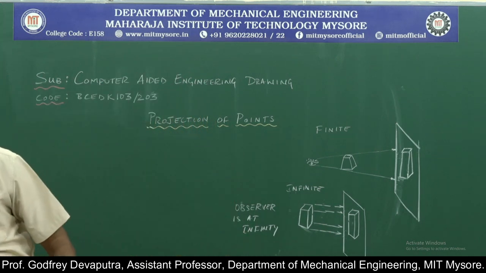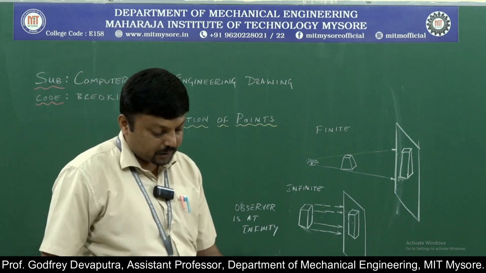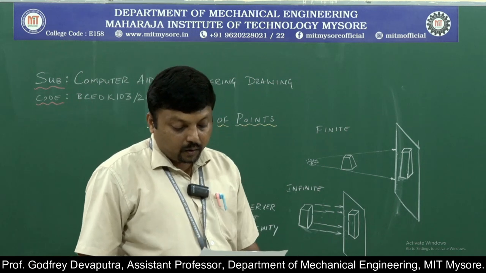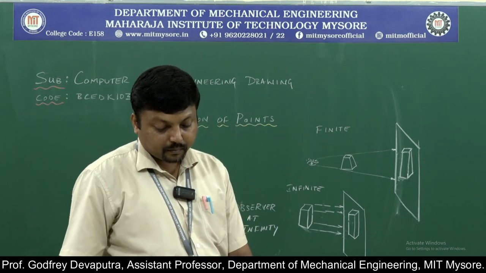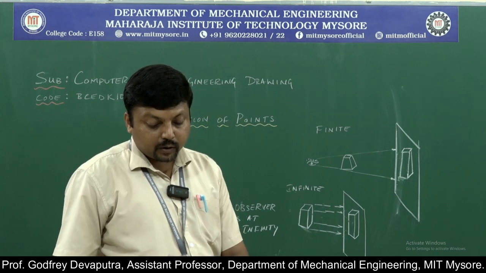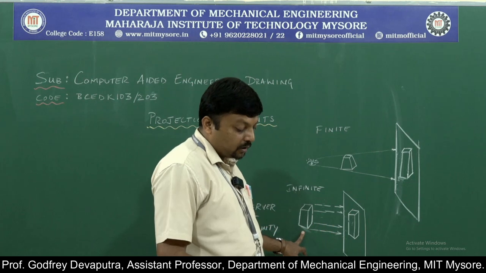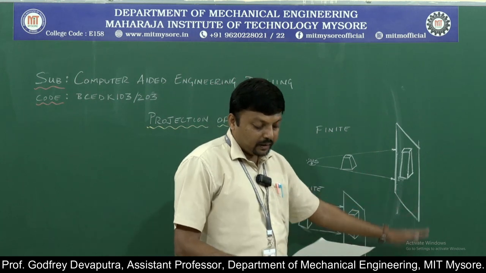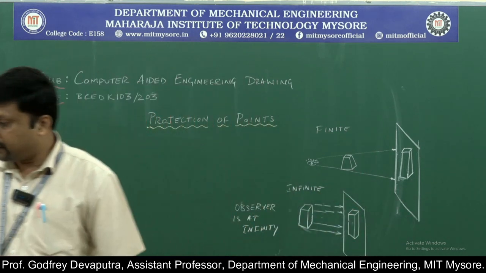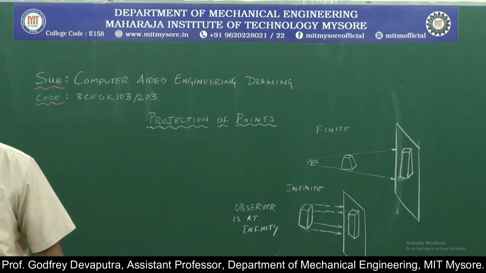So just to give the definition of orthographic projection: when the visual rays, called the projectors, are perpendicular, that is orthogonal, to the plane of projection, the projected view is called an orthographic view, and the method is called orthographic projection.